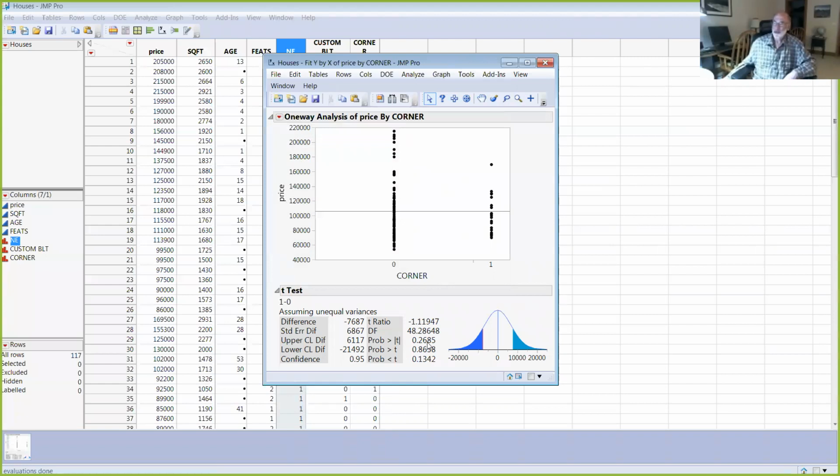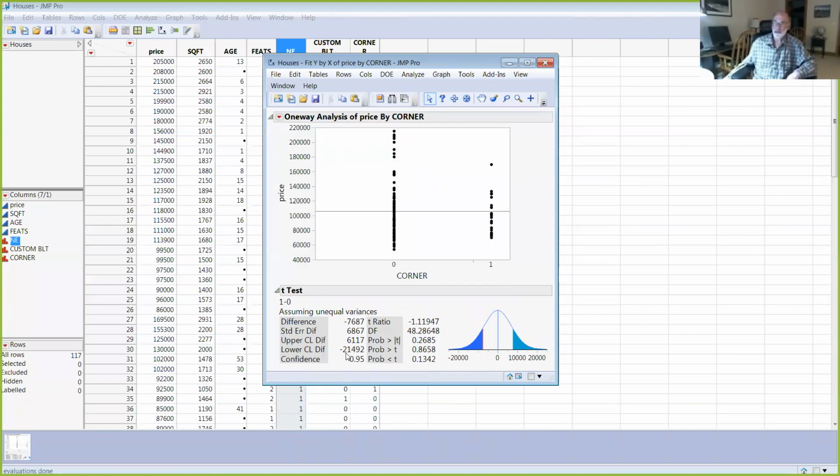P-value is 0.27. It's a 27% chance if we test the hypothesis that the two means are equal. There's a 27% chance we could come out with as much as a $7,687 difference between the two means.